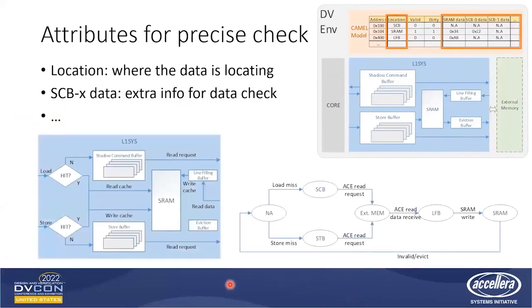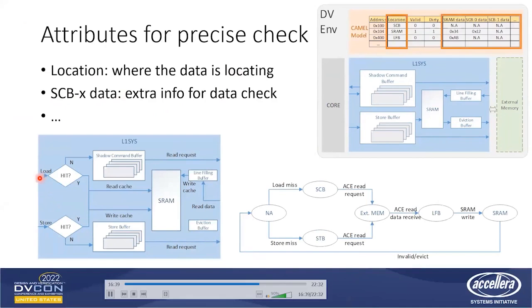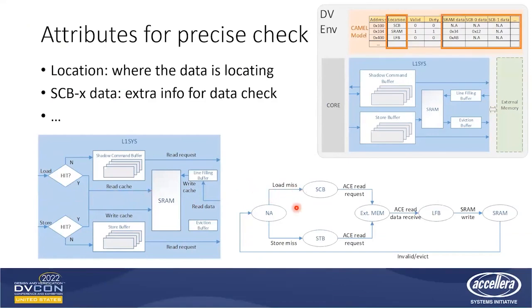And let me introduce how this works. Take location as an example. When the cache hits, it will read or write directly, and I will not introduce that. And when there is a cache miss, if it is a load miss, the starting location is nowhere. If a load miss comes to L1, we will create an info and change the location to shadow command buffer.